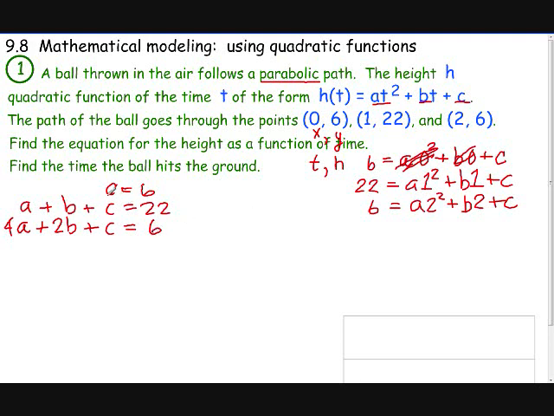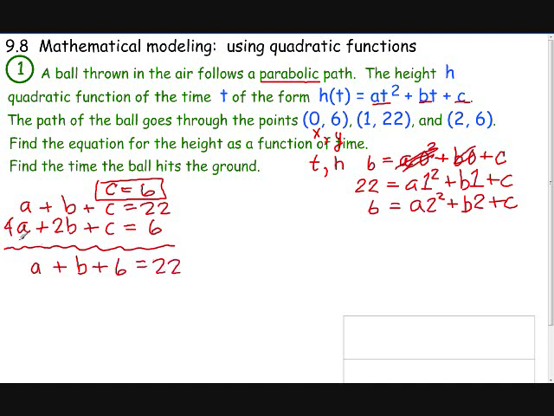Now, again, I'm so fortunate. This doesn't always happen. We've been lucky with these last two. C is equal to 6, so I can rewrite this with a 6 in here. So let me do that. I'll say A plus B plus 6 equals 22.